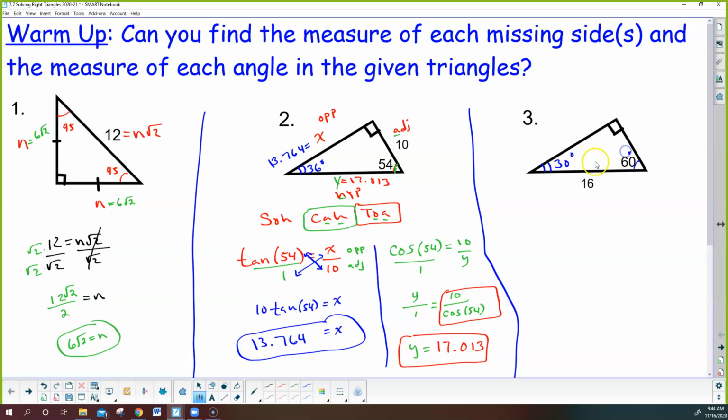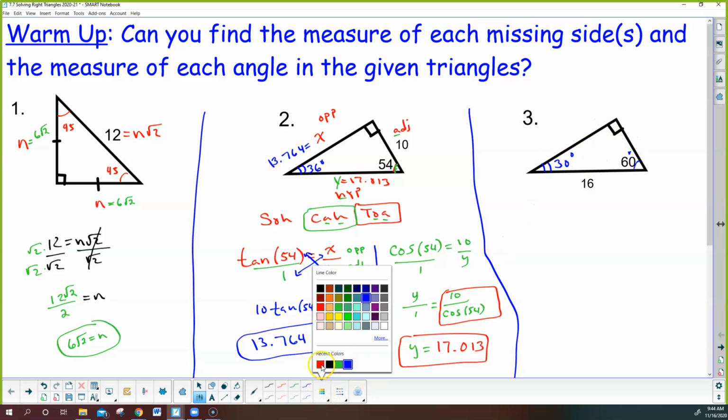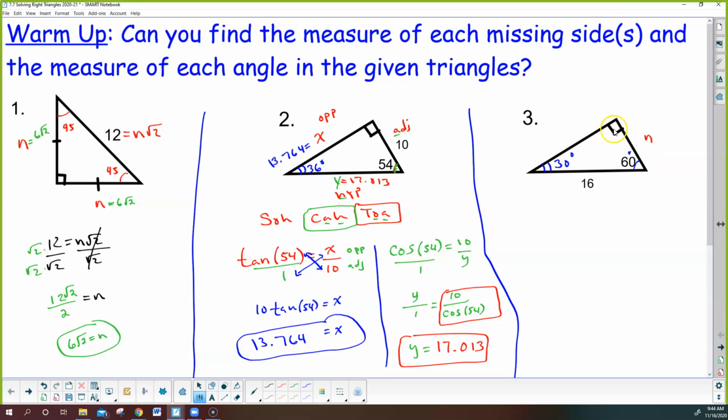So I've got 30, 60, 90, and I'm going to grab my marker, and I always place the smallest side first. Okay? So we're going to put our formulas. Across from the 30 is the smallest side, n. Across from the 90 is the largest side, 2n, and that leaves the middle side being across from the 60, so n square root of 3.